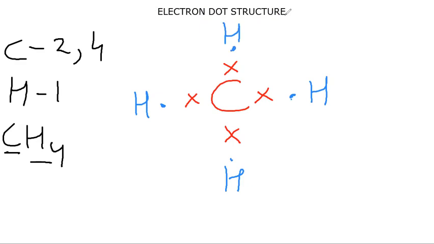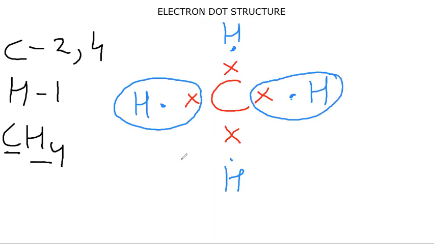Now if this hydrogen atom shares these electrons, it will have 2 electrons in its shell and it will be stable. So by sharing like this, hydrogen can have a stable electronic configuration.